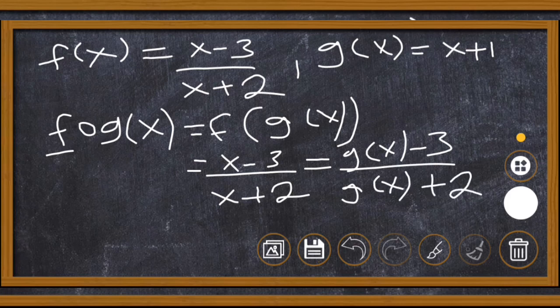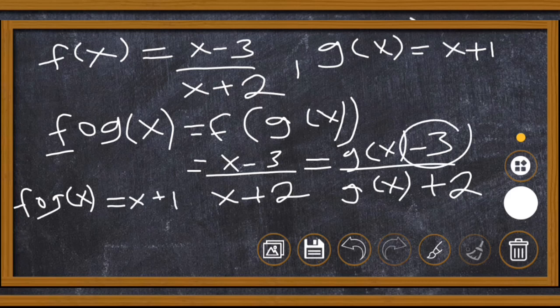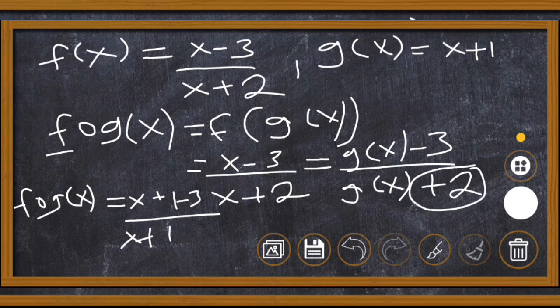Okay, so in this case we are going to have f of g of x is going to be equal to, so where there is g of x, we're going to replace with its function, which is x plus 1. So that's x plus 1. Now remember, we have minus 3 here, so it's going to be minus 3 over, where there is g of x, we're going to replace with its function, that's x plus 1, and then plus positive 2 there. So we have plus 2 here.